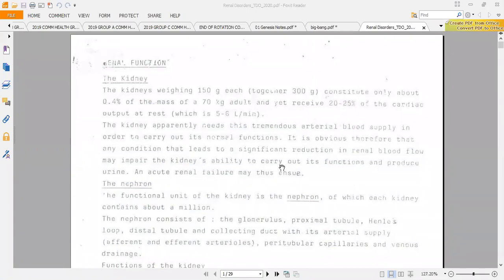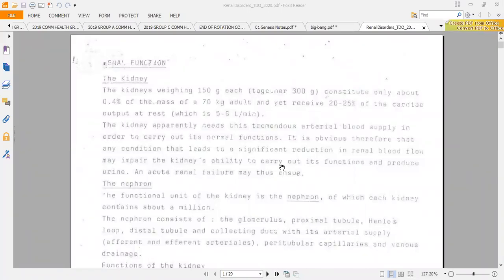That's the reason why the kidneys, though they weigh about 0.4% of the entire mass of the person, are receiving 20 to 25% of the cardiac output. The reason why it's receiving this large amount of blood is not because of nutritional purposes, but because of the excretory function of the kidneys.